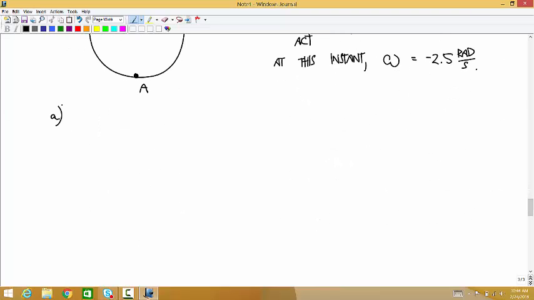So part A says, what's the angular acceleration? And part B says, what's the acceleration vector of the point A?